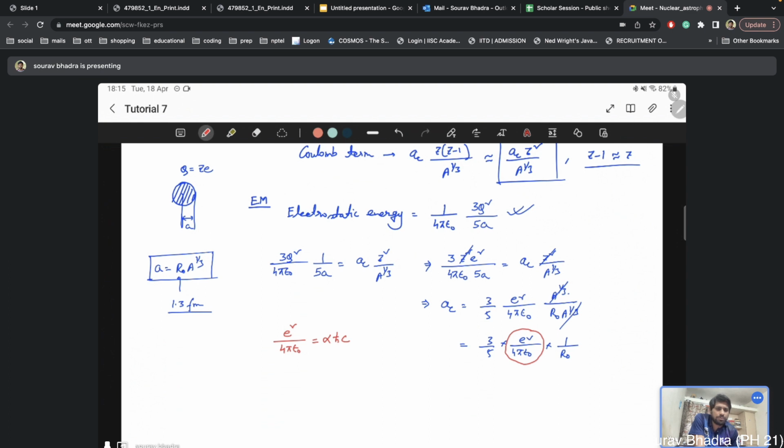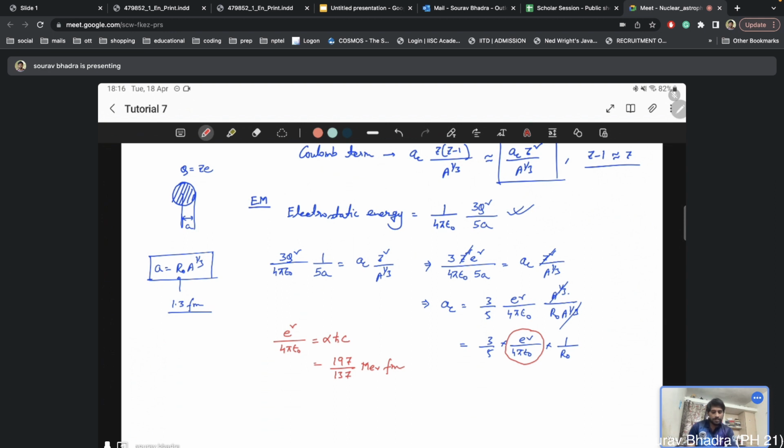If you can remember this particular expression, that is very good. Otherwise you can just put in your value of e square and the value of epsilon 0 in the same units. If you are using SI, then put everything in SI, or if you are using CGS, put everything in CGS. So it can be written as alpha h cut c, where alpha is the constant which is 1 by 137, a very famous constant of nuclear physics, and this can be written as 197 by 137 MeV femtometer.